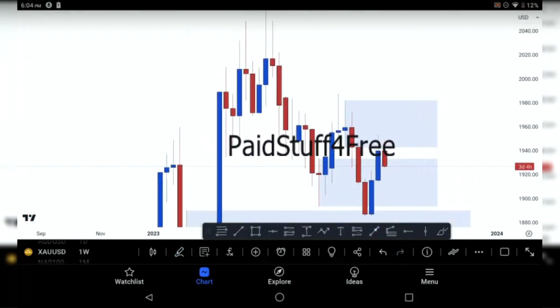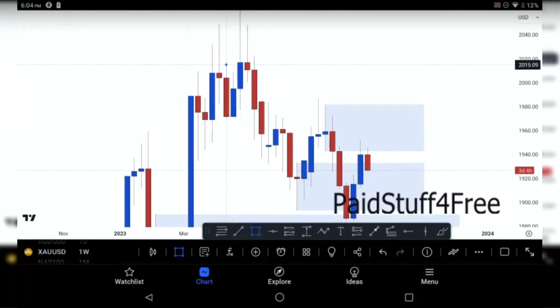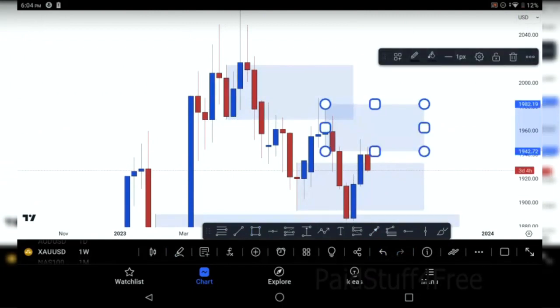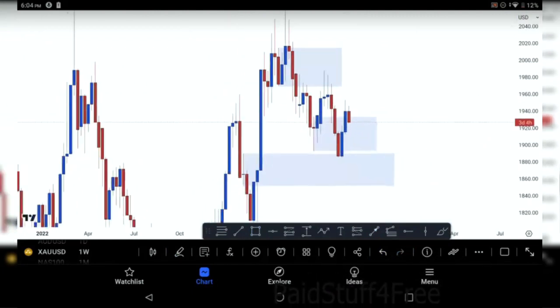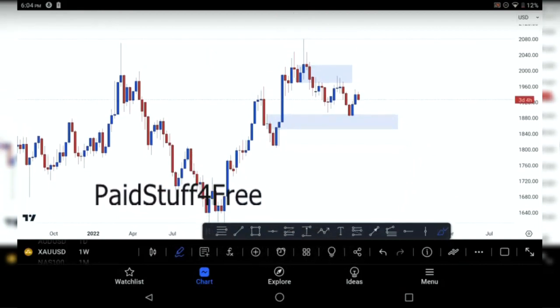Why do I say that weekly is bearish? Look at this. Ever since price made this engulfing fail here, weekly has been bearish. So if you look at this with me, look at this.